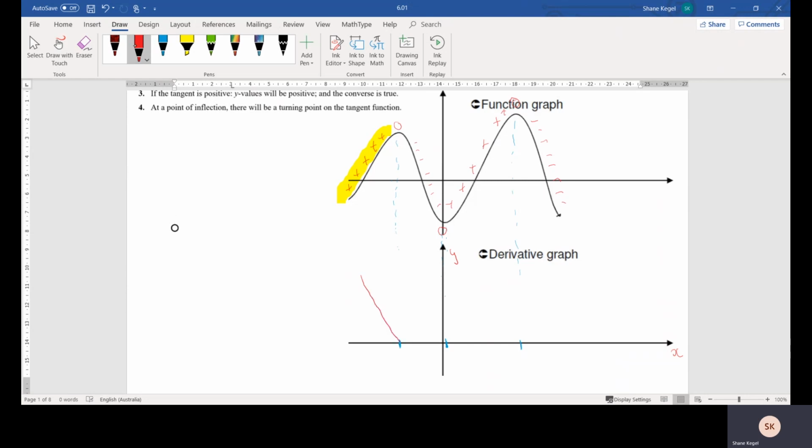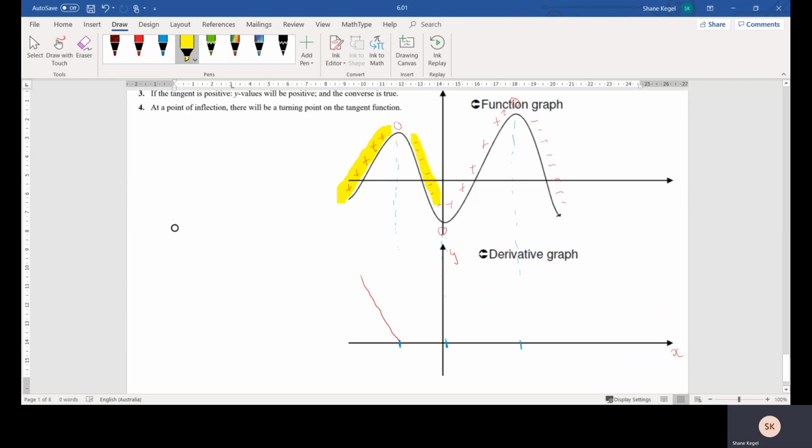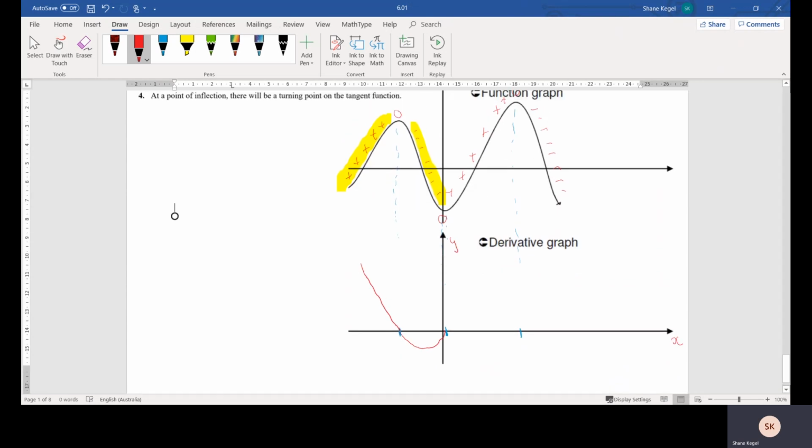It'll be coming down, where y are all positive values. After my 0, y then becomes negative down here. So between the first turning point and the second turning point, my line must be below 0 on the y-axis. So in other words, it must be down the bottom here, underneath y equals 0.